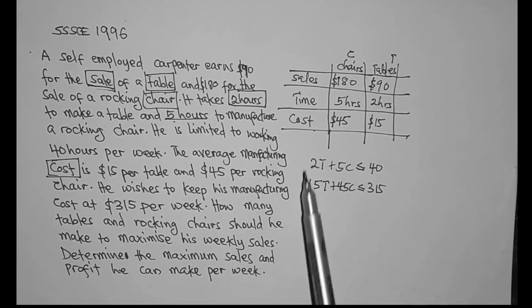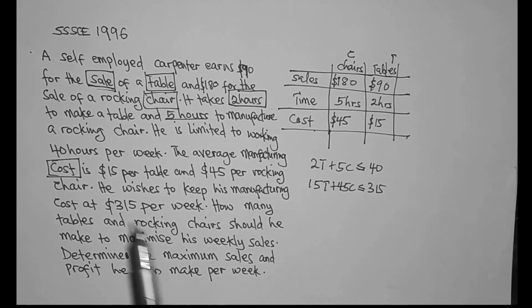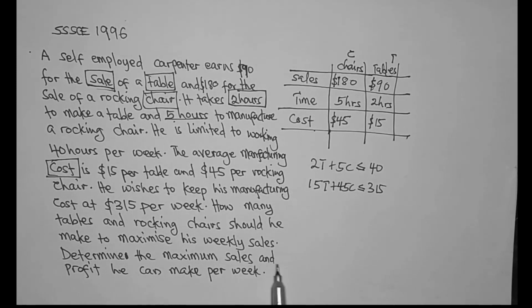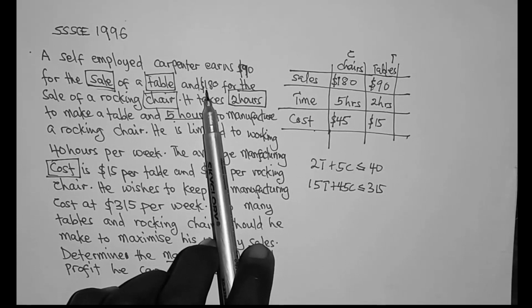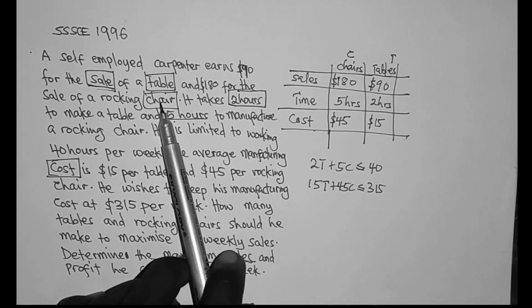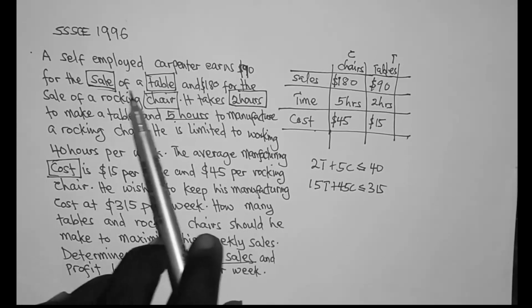So we've written the constraints. What is the objective function? If you look at the question, it says to determine the maximum sales and profit he can make per week. So the objective function is about the sales. He earns $180 for the sale of a chair and $90 for the sale of a table.